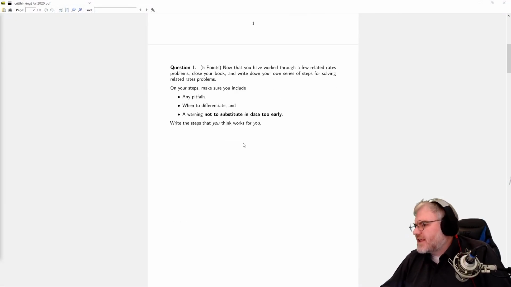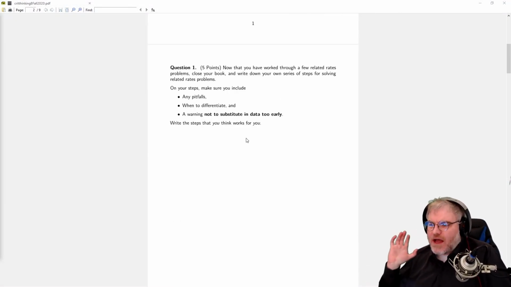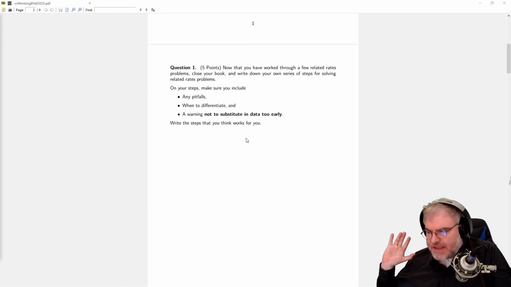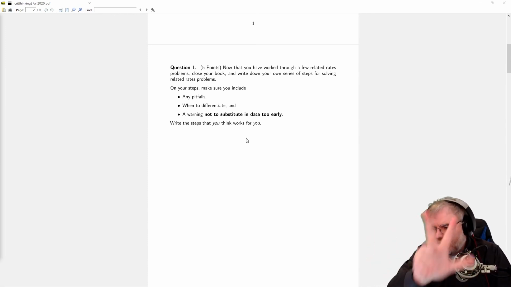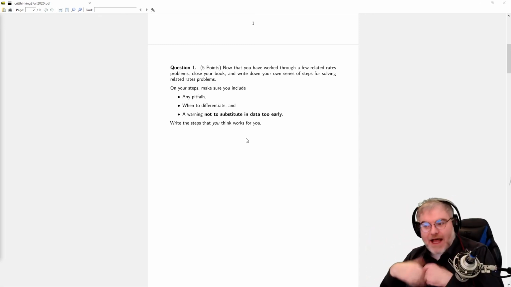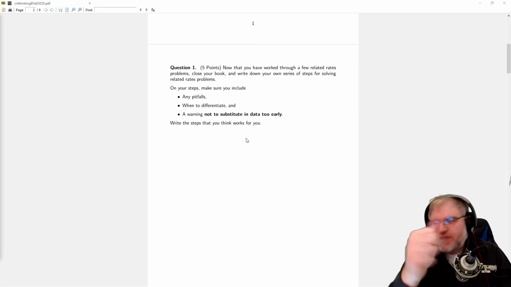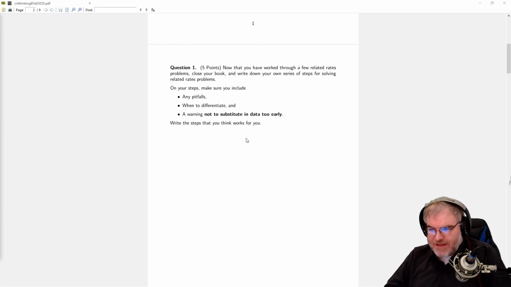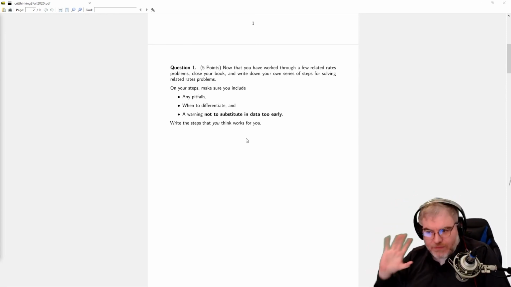The problem set this week is all about related rates problems. I have 6 related rate problems on this problem set. Pick 3. You can do all 6, I'll be happy, but 3 is what you have to do. Okay? Is everyone on board with this? 3 problems from this problem set for the related rates problem.